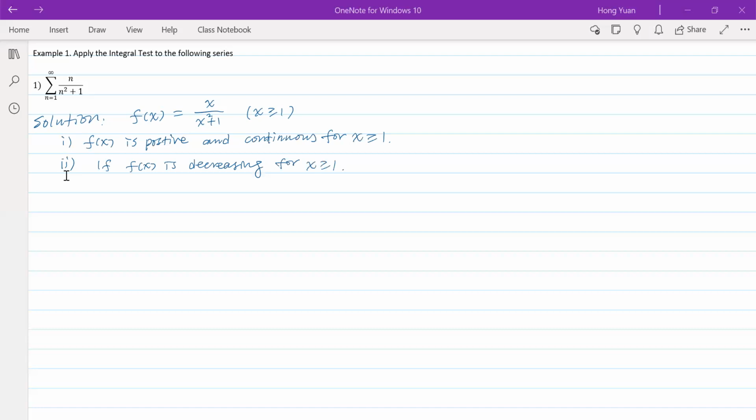How do we find if f of x is decreasing? We use the knowledge we learned in Calculus 1: find the derivative of f of x. If the derivative of f of x is less than 0, then f of x is decreasing. If the derivative is greater than 0, then the function is increasing. So now we find the derivative of f of x.